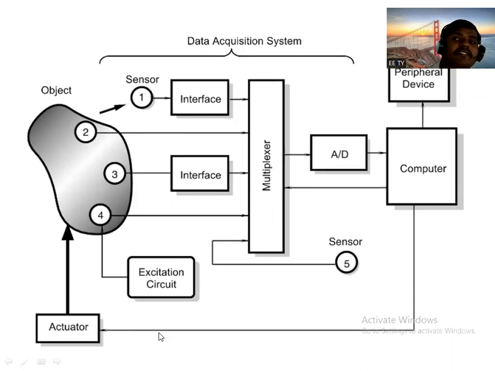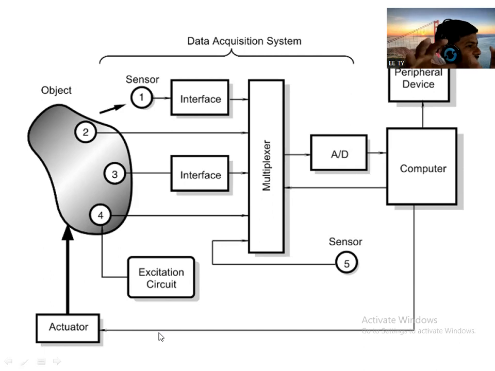What about the function of sensor 5? Where is the object? The system, right? So this sensor 5 is used to sense the own condition of that system or to check the condition of that system.